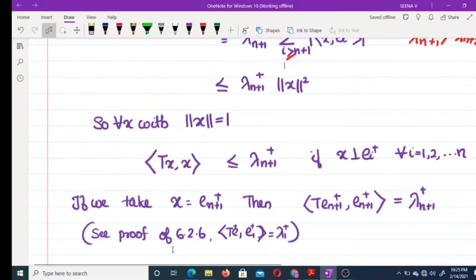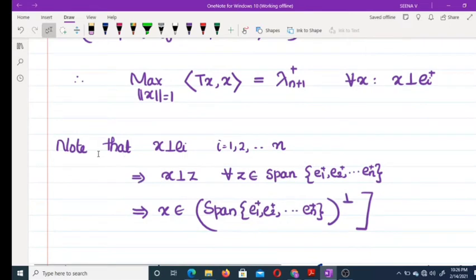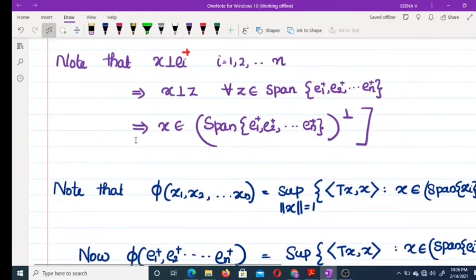Thus we get the inner product of Tx, x is equal to lambda n plus 1. This implies the maximum over norm of x equal to 1 of the inner product of Tx, x is equal to lambda n plus 1 plus. So what we have, x is orthogonal to e_i plus for i equal to 1 to n, and that means x is orthogonal to z for every z belonging to the span of e1 plus, etc., en plus.